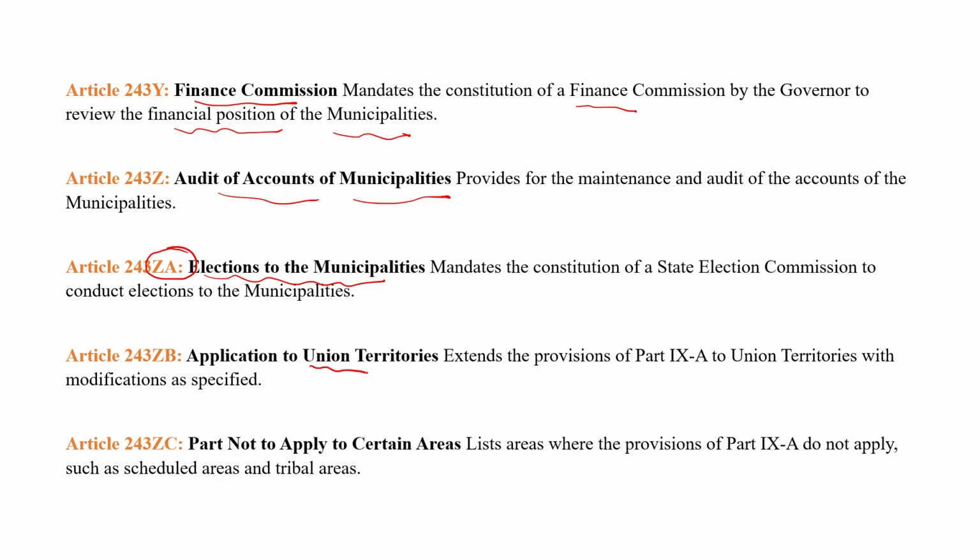Application to union territories means which union territory can adopt the municipalities concept, and which cannot adopt it. All the details are mentioned under Article 243ZB, and 243ZC explains the parts where municipalities cannot be applied. As I told you, there are lots of tribal areas and mountain areas where municipalities as well as rural panchayats do not exist.